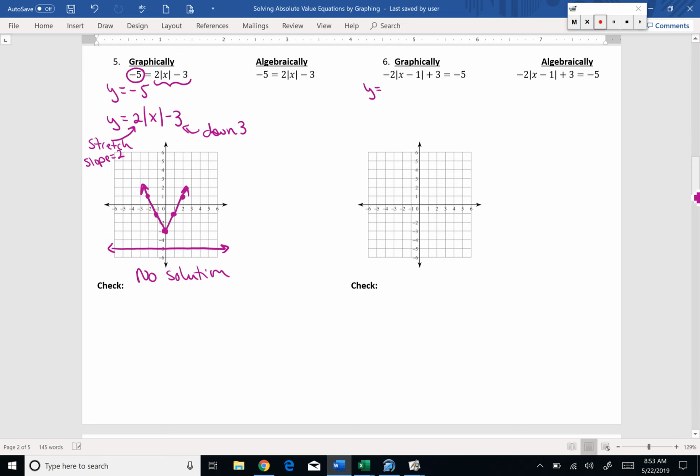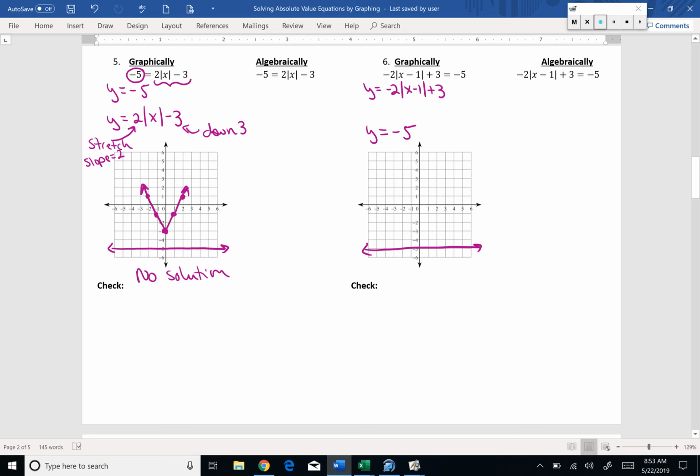Number 6, we've got a whole bunch of stuff going on here. I'm going to move my y equals down a little bit so I have room to label. Now again, we have our equation equal to a negative, but I can't just automatically jump to that and say it's going to be a no solution.